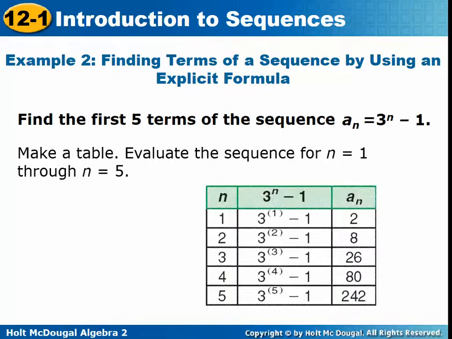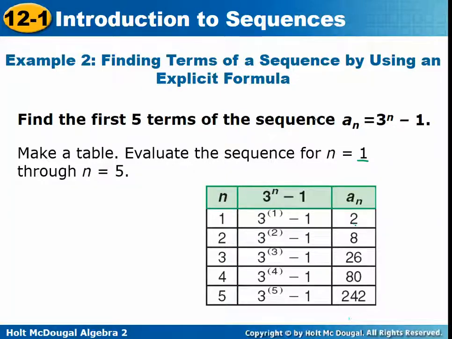So we put our table up, and I see they filled it in already, but we start with n is 1, and I go 3 to the 1st is 3, minus 1 is 2. Now I don't have to use that value. In an explicit formula, you don't take this and put it in here.